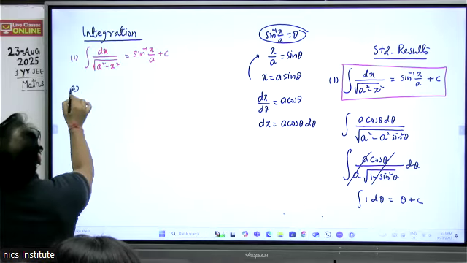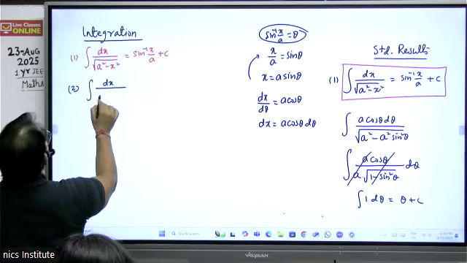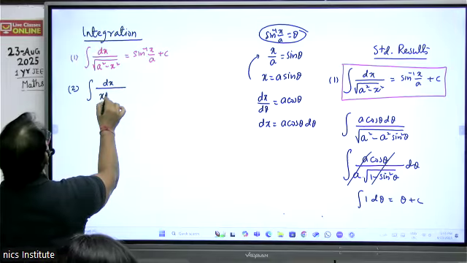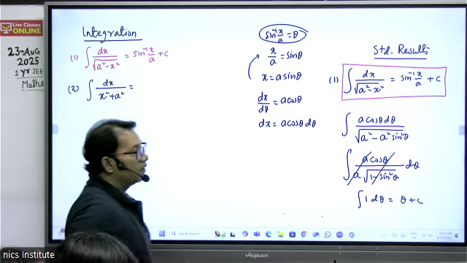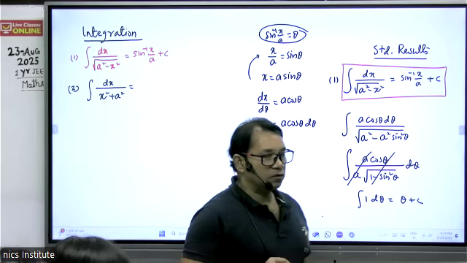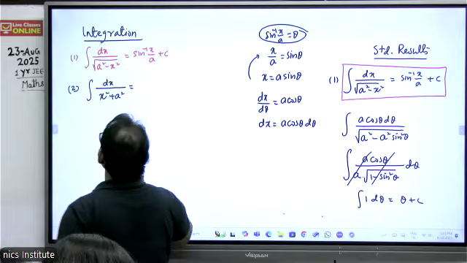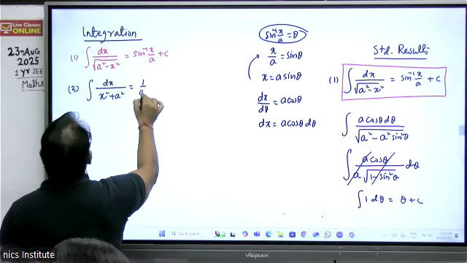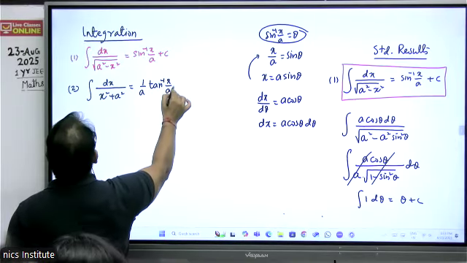The second result is dx divided by x square plus a square. If you come across x square plus a square and there's no root over here, it'll be 1 by a tan inverse x by a.